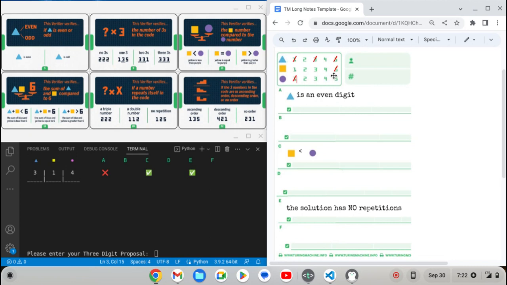Could the ordering somehow, the fact that it has no order, could that help us out? Well, if it was 2, 4, I'm trying to see, there's no mention of, we do know that there are no repetitions. Oh, okay. Well, if we were to eliminate 3s, that would just leave the 2 and the 4 and the 5.